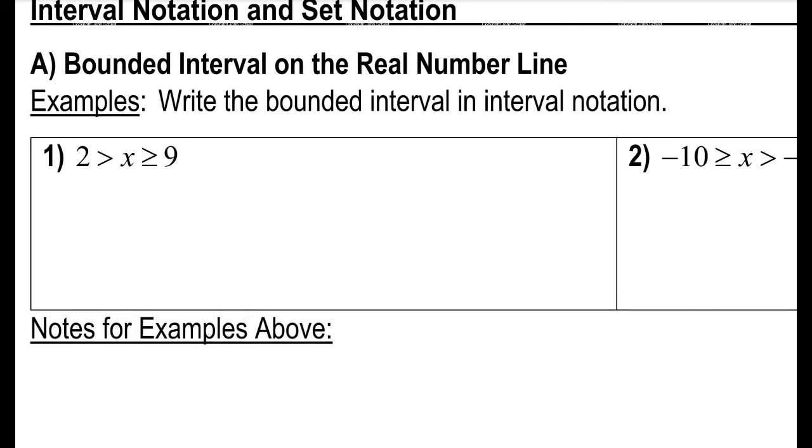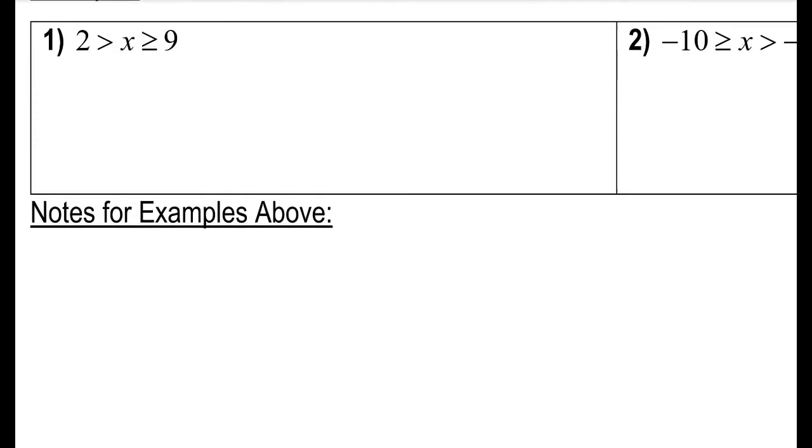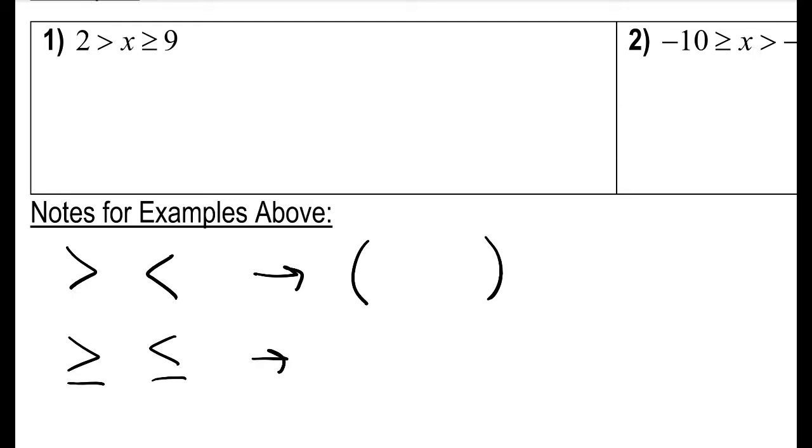So we need to write the bounded interval in interval notation. So for notes, if you'd like to write some in the bottom, if you have any inequality that is not underlined, you're going to use parentheses. If you ever have inequalities that are underlined, you're going to use brackets.